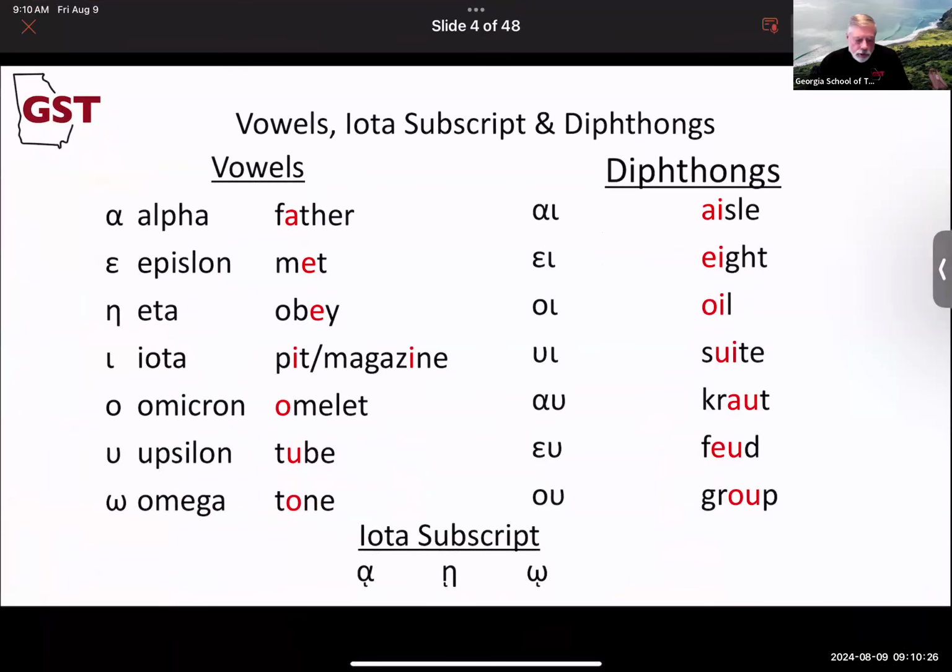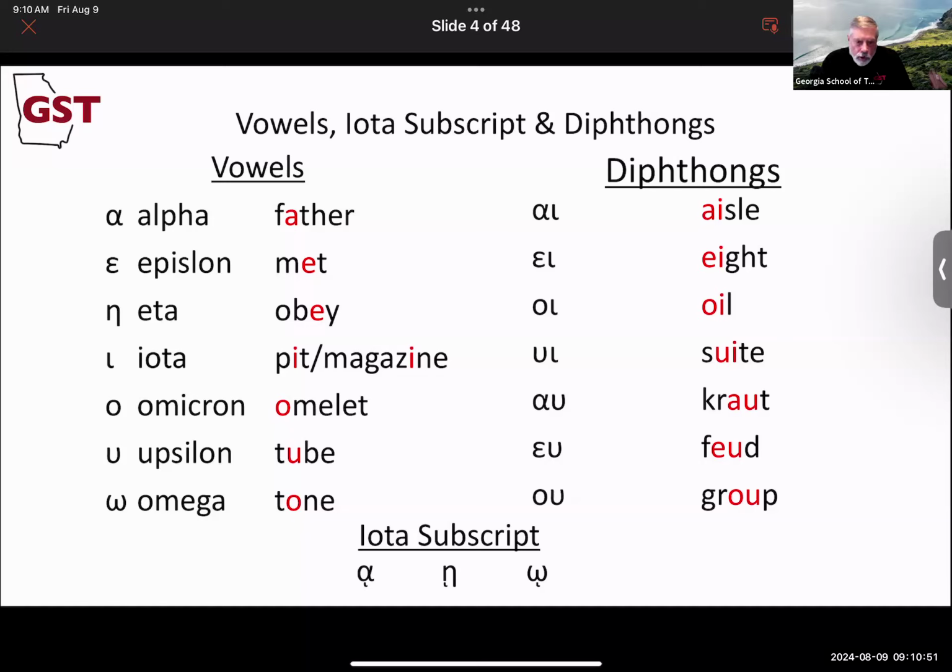All right. So the short vowels would be the epsilon and the omicron. And like I said, it's not significant that you absolutely know that, but it will help you as you move forward. The long vowels are the eta and the omega. Everything else is changeable from long to short or short to long.